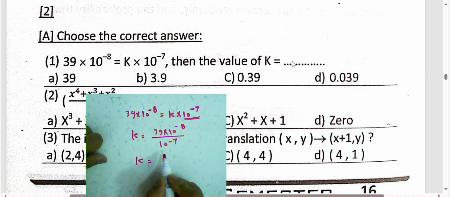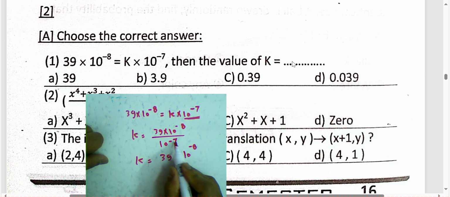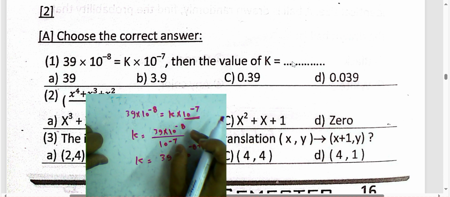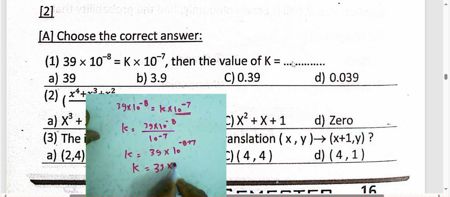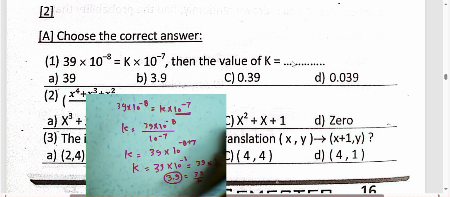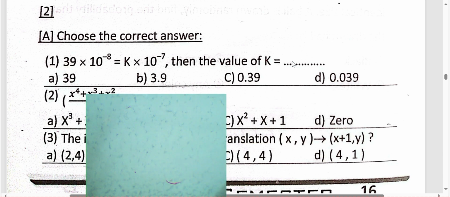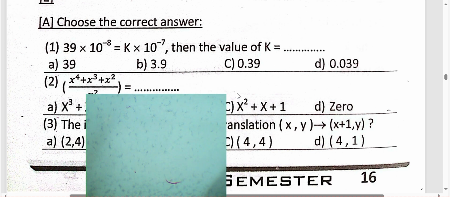Then the value of k equals 39 multiplied by 10 power negative 8 plus 7. Change the sign because we are dividing two powers with the same base. Then k equals 39 multiplied by 10 power negative 1. The result will be 39 multiplied by 1 over 10, which is 39 divided by 10. The result will be 3.9. Choose letter B.